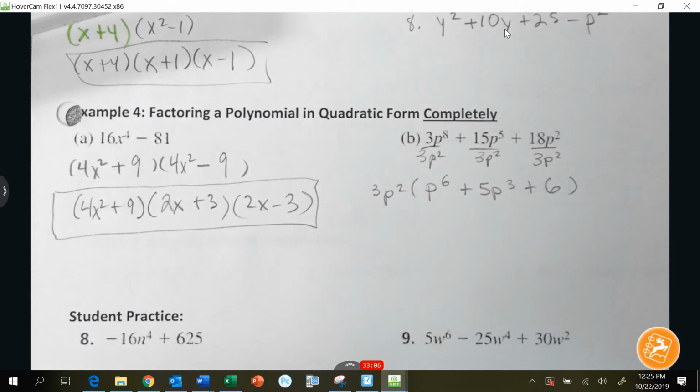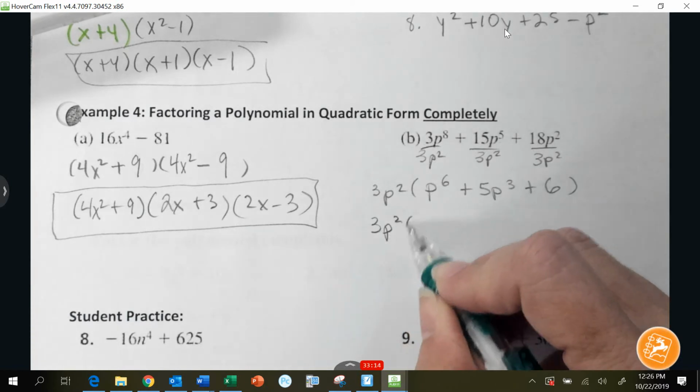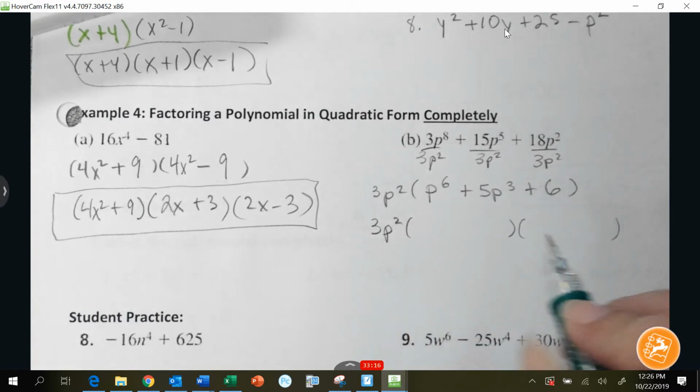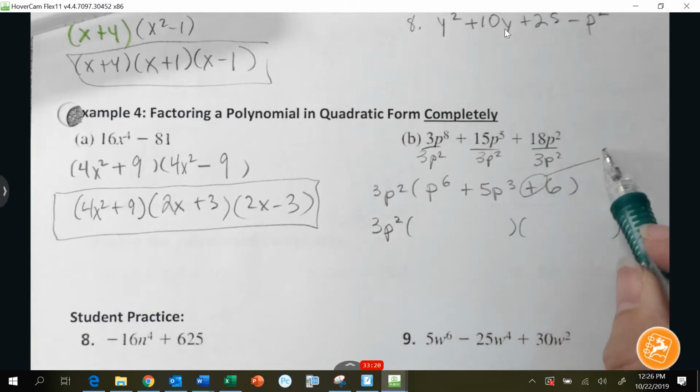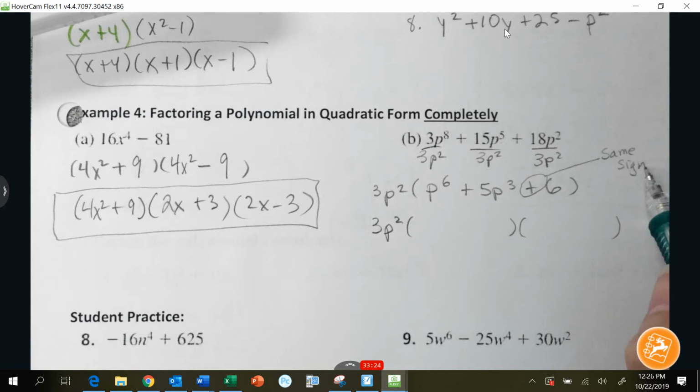I'm left with a trinomial. If I have a trinomial, it's the guess and check kind. So I'm going to make 2 parentheses. According to this sign, this tells me they're both going to have the same sign. What sign should they be?